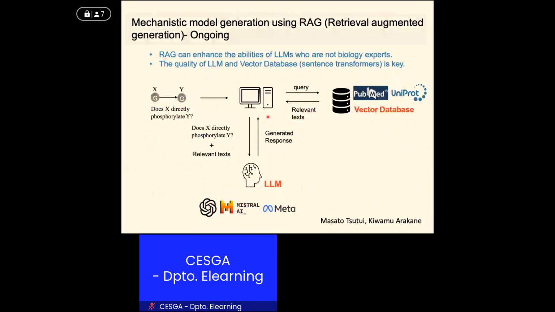So right now we are trying to improve the method: we reconstructed the vector database, changed the window size and so on, and we are also trying to use a log to improve the query to the model. So this is actually going on right now.